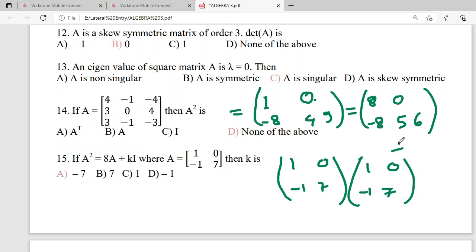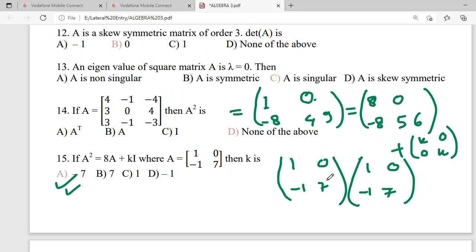Plus kI means k, 0, 0, k. So on the right hand side we have 8 plus k. 8 plus k is equal to 1, and this is 0, then minus 8, then 49 is equal to 56 plus k, and this will give you the value of k.